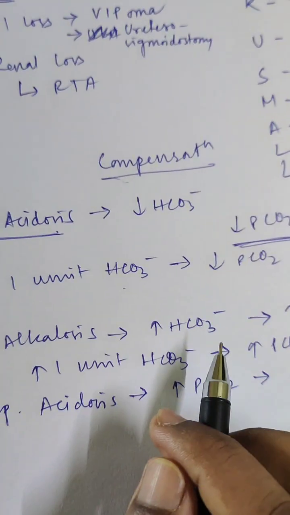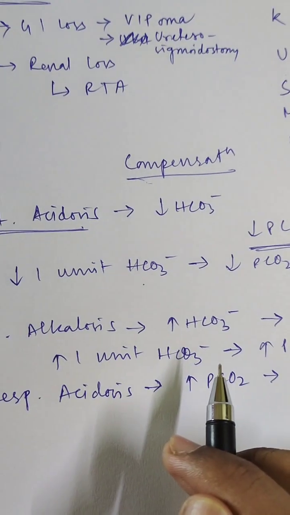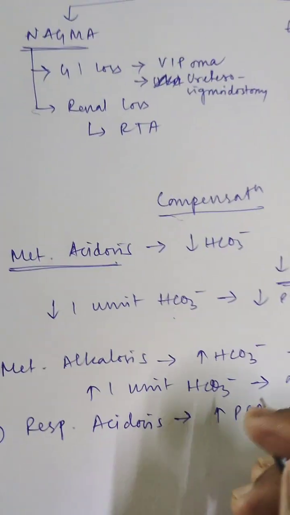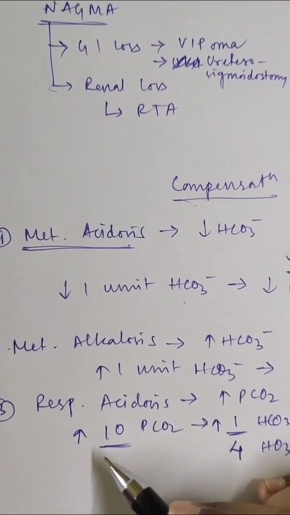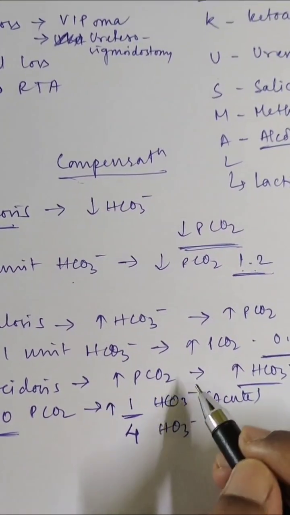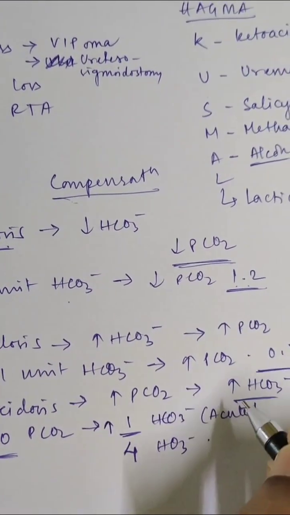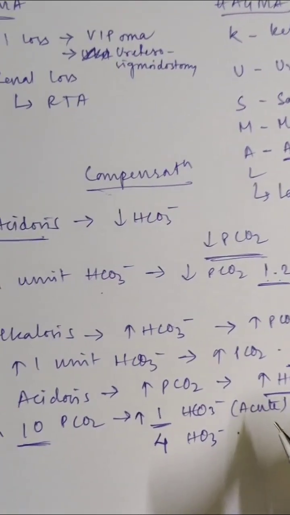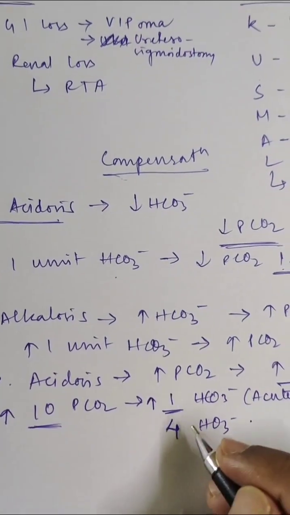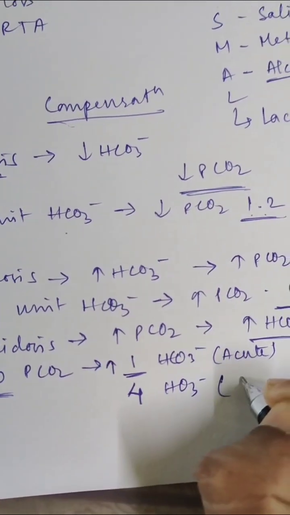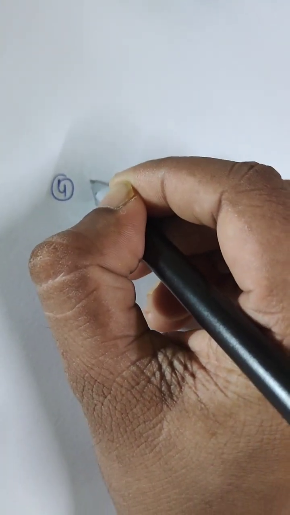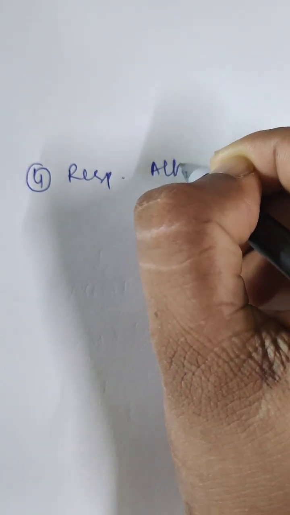Now, in respiratory disorders there are again two things, acute and chronic compensation. For every increase of 10 units of PCO2, if the bicarbonate increases by 1 unit, it will be called acute respiratory acidosis. And if for an increase of 10 units of PCO2, the bicarbonate increases by 4 units, it will be called chronic respiratory acidosis.